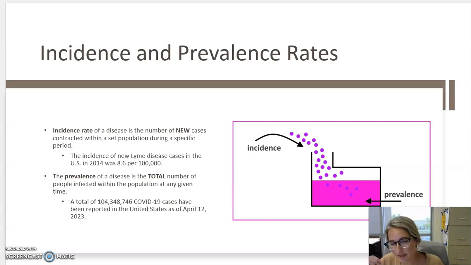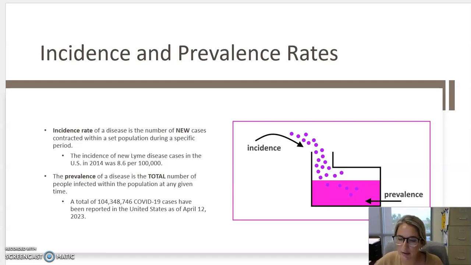And typically when epidemiologists are watching how a disease is progressing within a certain population, they're really digging into that incidence rate, because what they want to see is eventually that the incidence rate slowly drops off. Obviously if the incidence rate keeps getting higher and higher, that tells us that we're getting more and more new cases of that infectious disease every week or whatever time period we're looking at.